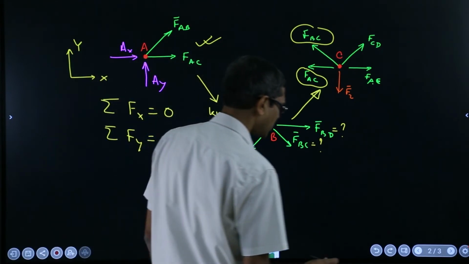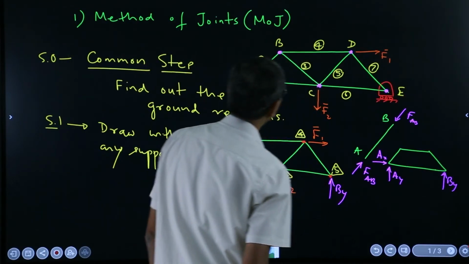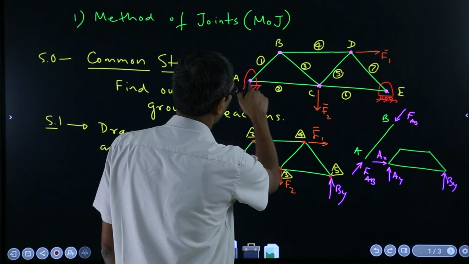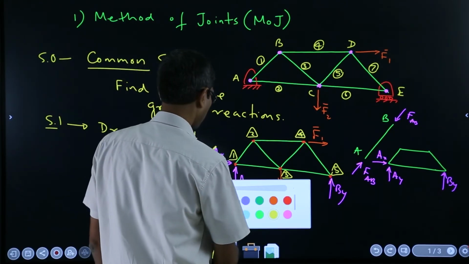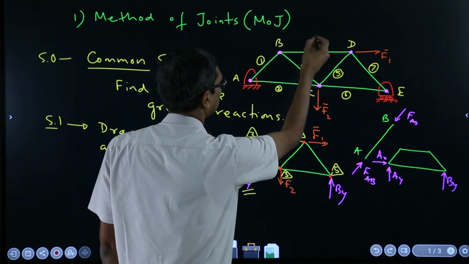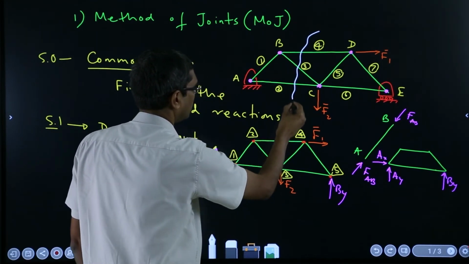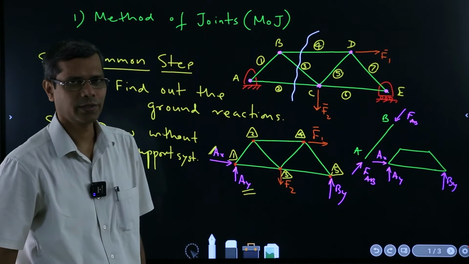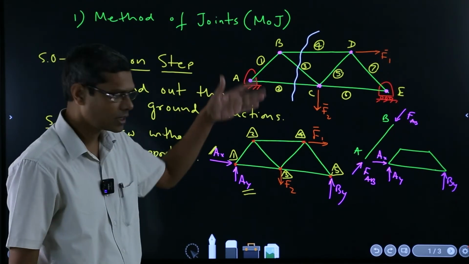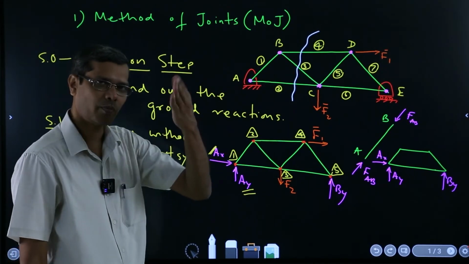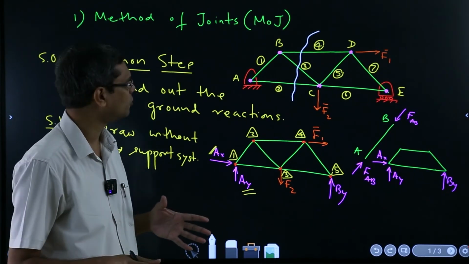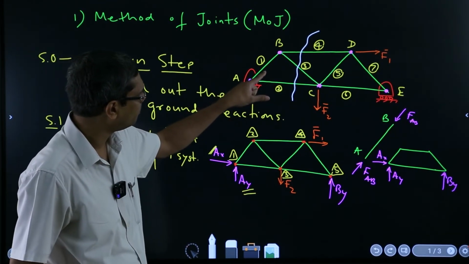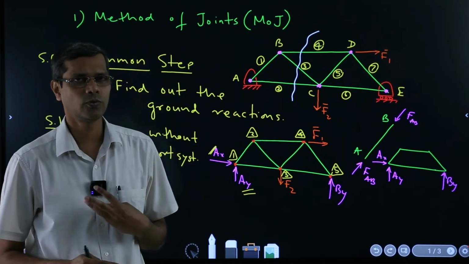And so in method of section, what is done is, instead of going from joint to joint, what we do is we cut imaginarily, we cut the truss by an imaginary section, so that we will expose the forces of maximum of 3 unknown forces.